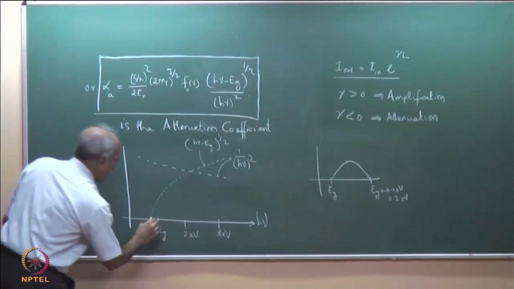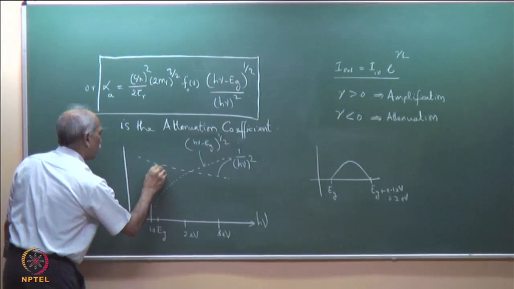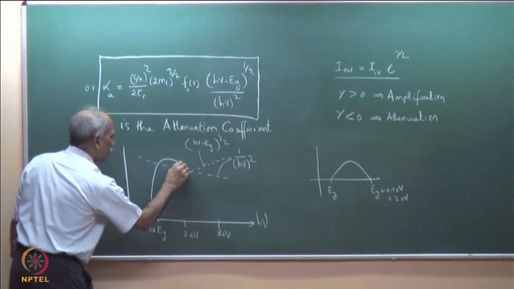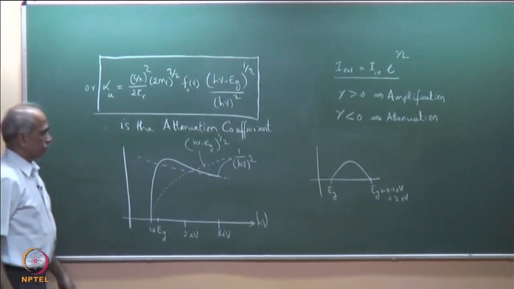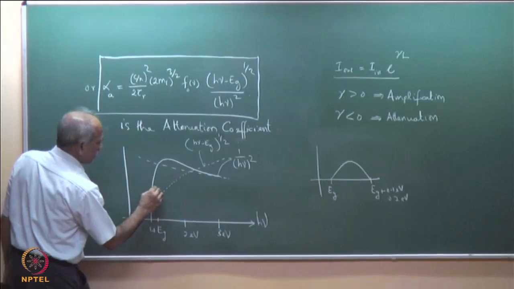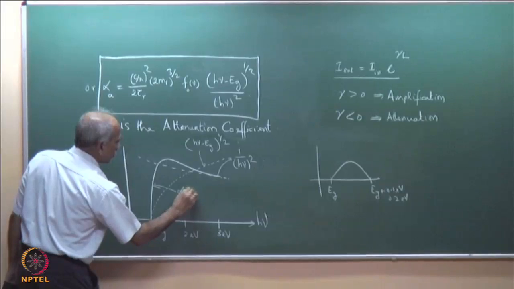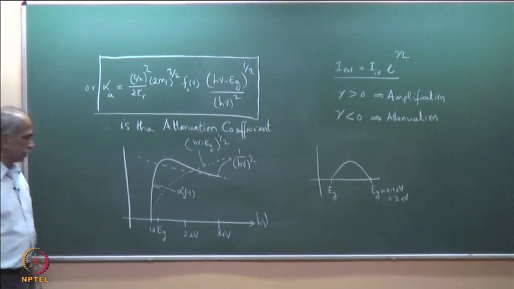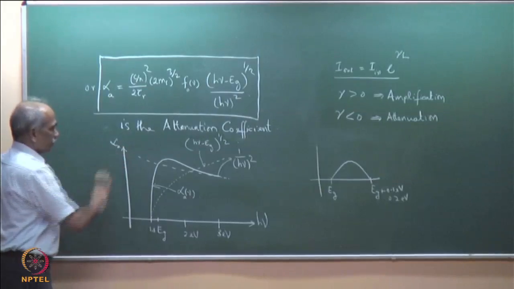So, the net result is the absorption coefficient. So, this is variation of alpha A. So, what I have plotted here is alpha A.